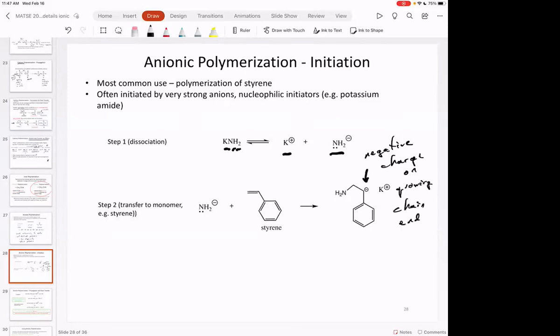Remember, this is anionic polymerization, and it's named by the identity of the growing chain end. So that's an anion, and then you have your counter cation here. In order to make that happen, you have these two electrons make a covalent bond with that carbon, because at the end of that double bond is a carbon, and you kick both of those electrons onto the head carbon.